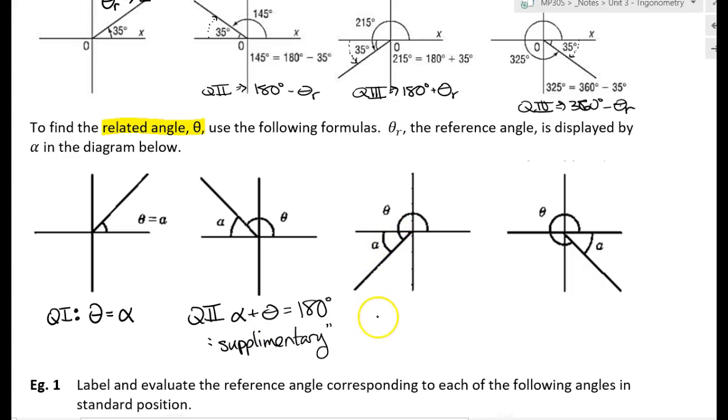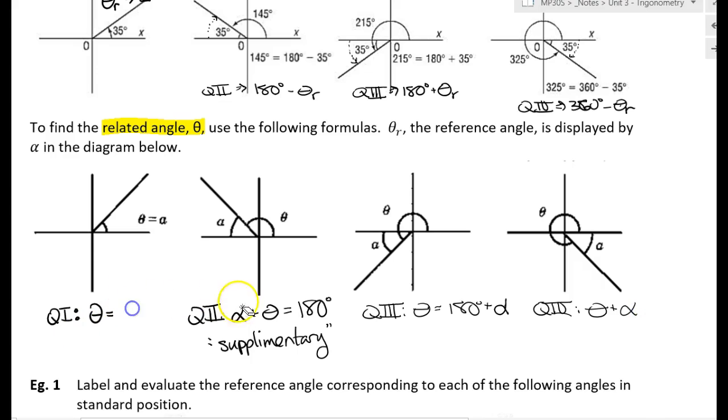Okay, to get quadrant 3, we're going to go theta is equal to 180 plus alpha. And quadrant 4, we're going to go theta plus alpha, which is our reference angle.